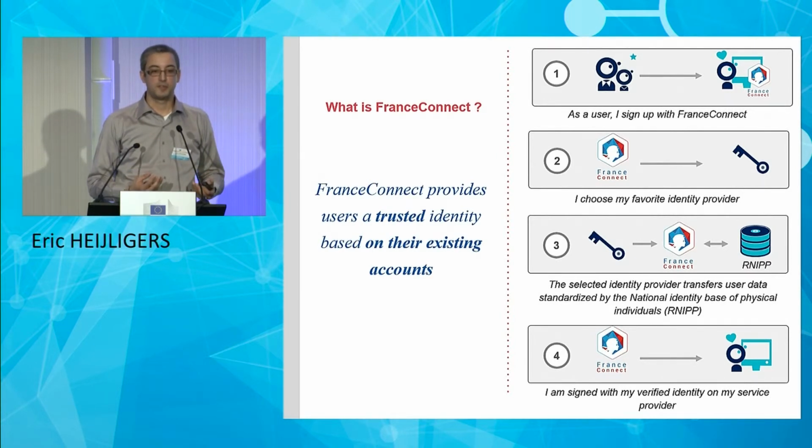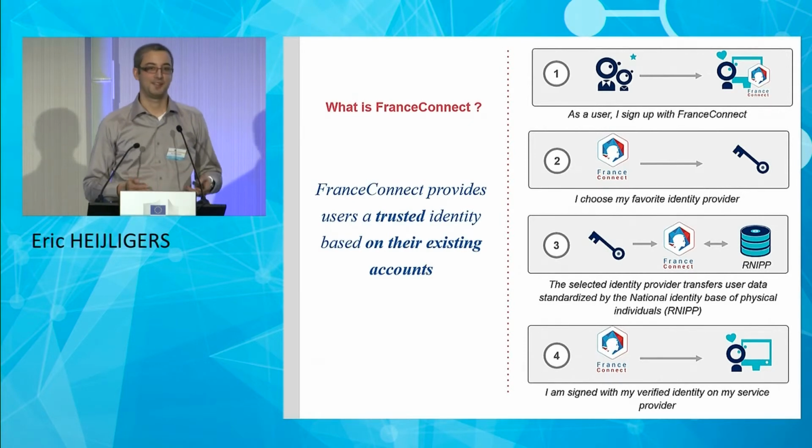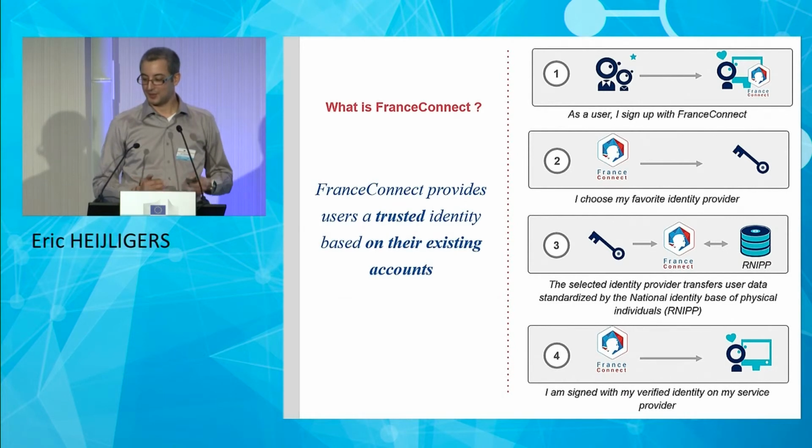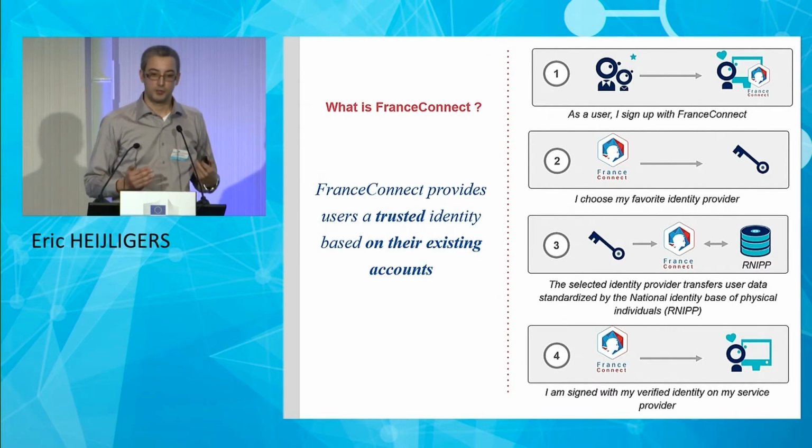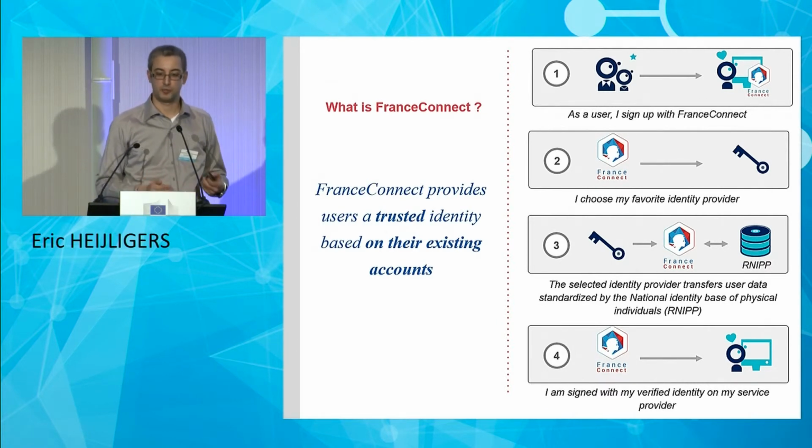What does France Connect do at this moment? We get back your identity with fields that we are going to give to what's called the RNIPP in France, which is a big database that contains all the physical individuals, and we check that there is only one person with these names and this information.